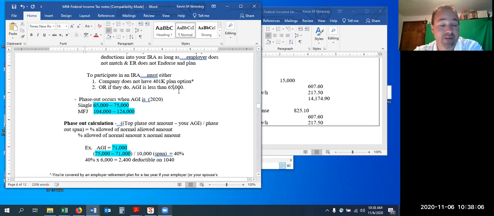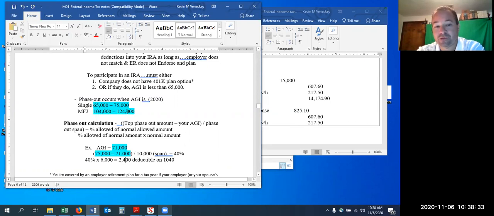This is actually 65,000 because it's got to be the starting point here. 65 to 75, I'm going to show you the phase out just a second. The married filing joint is a little higher. So if you're married, and even if you're over this 75,000, that's okay. If you're at 90,000, that's fine. You can still put money into an IRA, no problem. It's just when you get to 104,000, and then through the phase out, and then after 124, nothing.